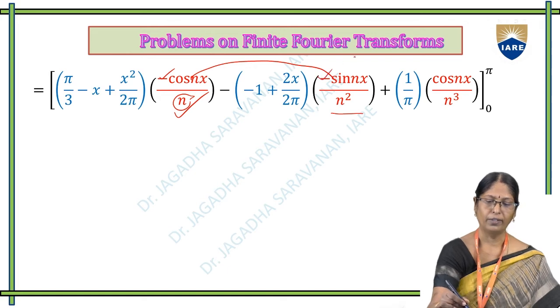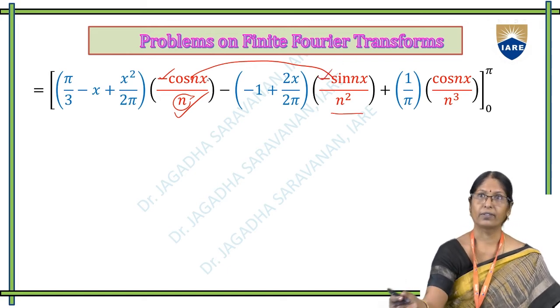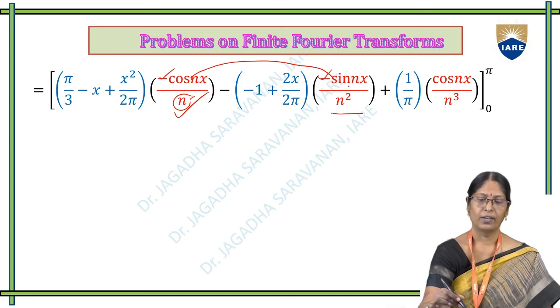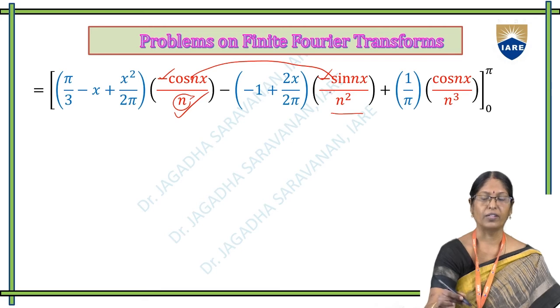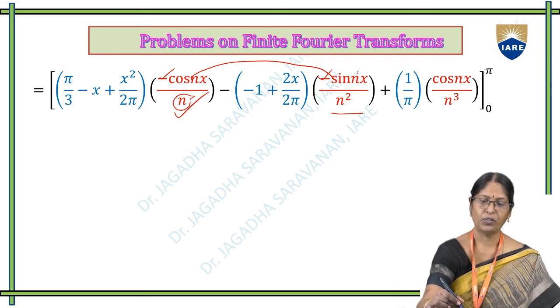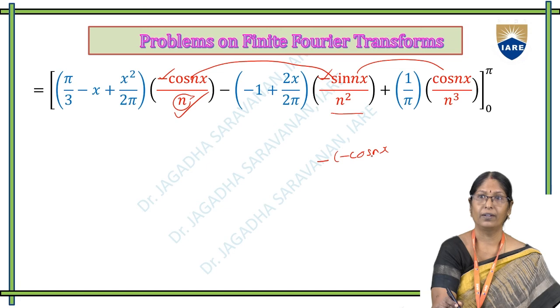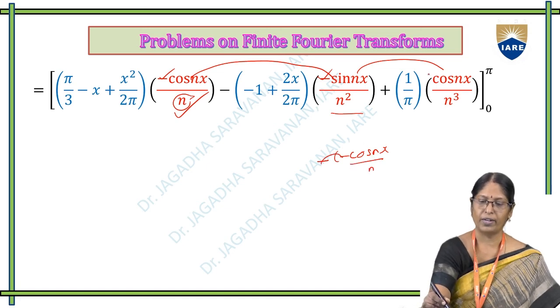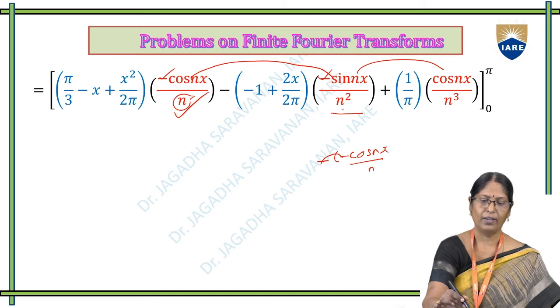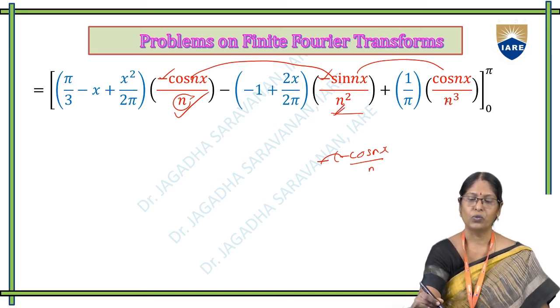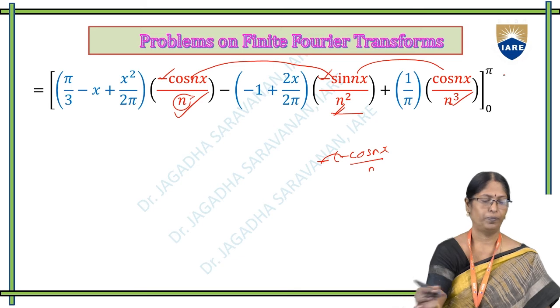Minus cos nx, the integral is sine nx divided by n; already n is there, so n square. The next one: here minus is there, and the integral of sine nx is minus cos nx divided by n. Minus minus has become positive, and here n square is there, so it has become n cube.